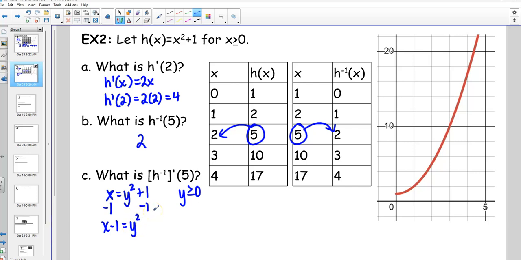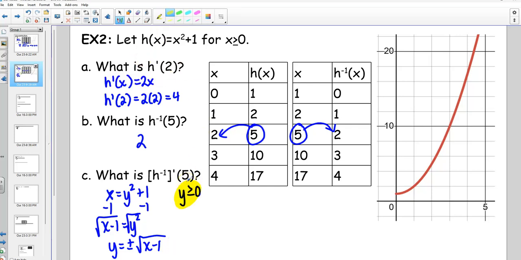What would I need to do next? Square root this. When I square root something, what am I supposed to put with it? I'm supposed to put a plus or minus. I'm going to switch this around. Y equals plus or minus the square root of x minus 1. That's not a function because of the plus or minus, right? We could get two different y values out for x. However, what restriction did we have on this?